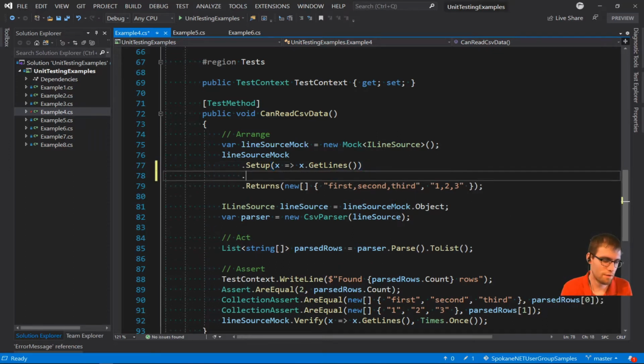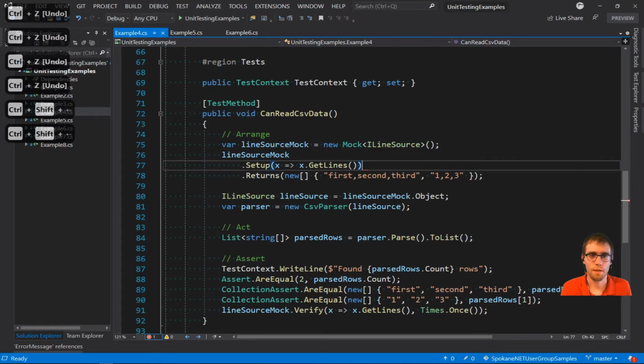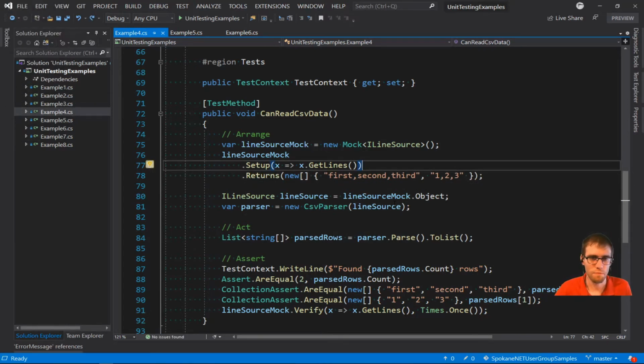There's a .throws onto the end of this guy as well that you can go through and have it throw out an exception as well. Kick that back. So I wouldn't say that they're necessarily lacking in any way, but what I would say is that they're very fixed to a single point in time, right?